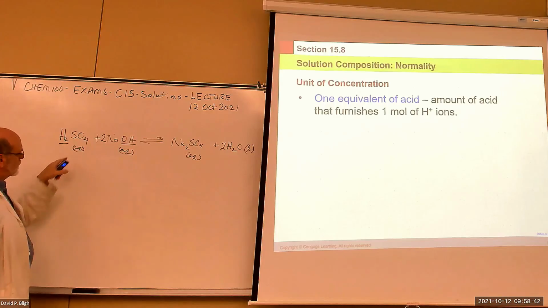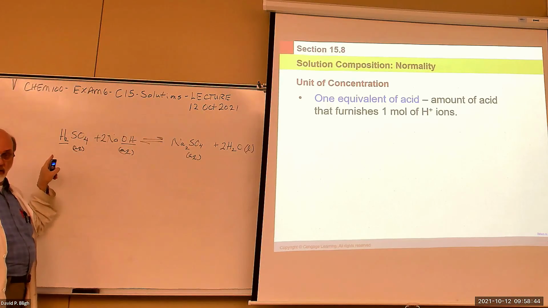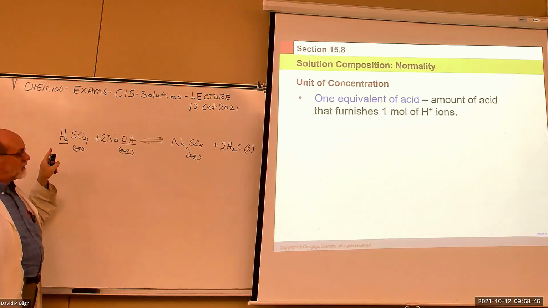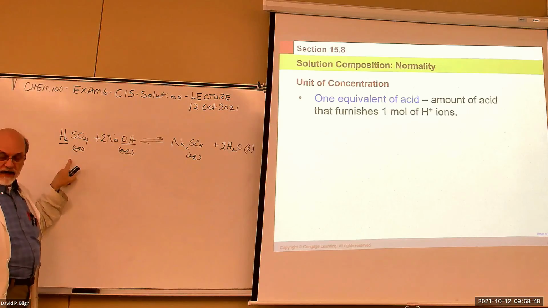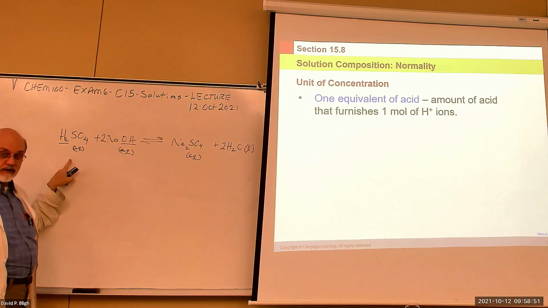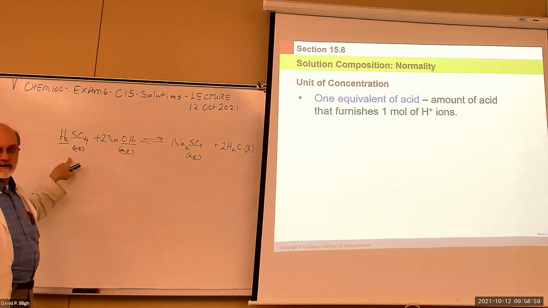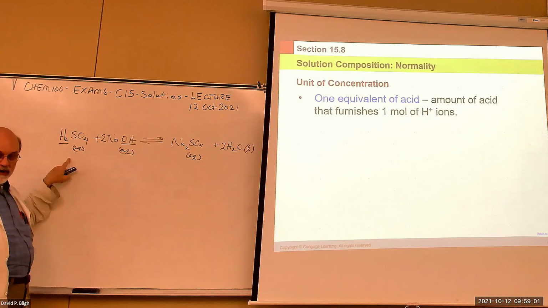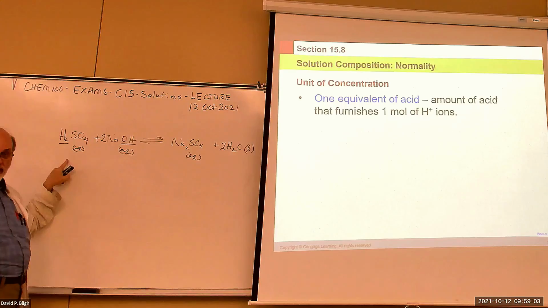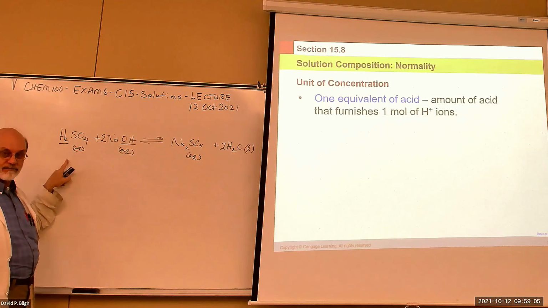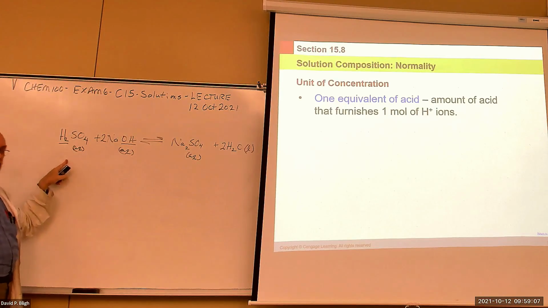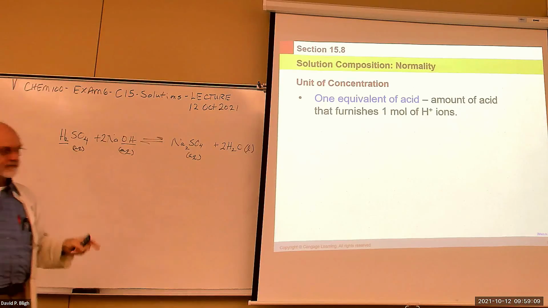1 equivalent of acid is however much acid it takes to furnish 1 mole of hydrogen ions. So actually, 1 mole of H2SO4 makes 2 equivalents of hydrogen ions. So a half a mole would be the equivalent acid. 1 equivalent of H2SO4 is 0.5 moles because it makes 1 mole of hydrogen ions.